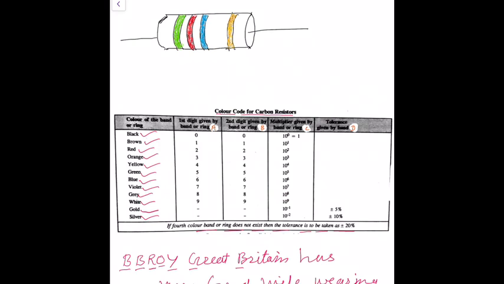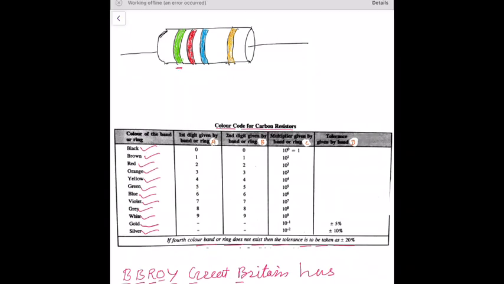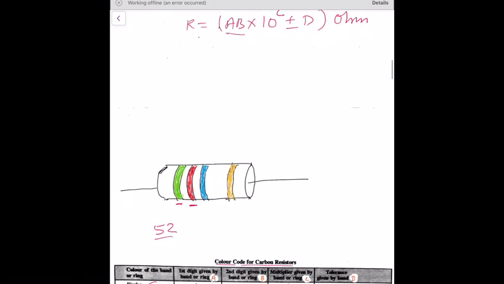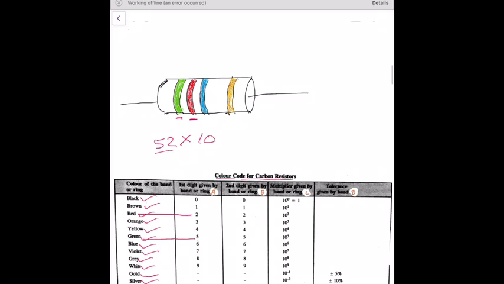Here in this diagram, what is the resistance of this carbon resistor? So here first is green color. In the table, green color is at 5, and next, second color red means 2. So the first two digits AB are 52, into C, which is 10 to the power.